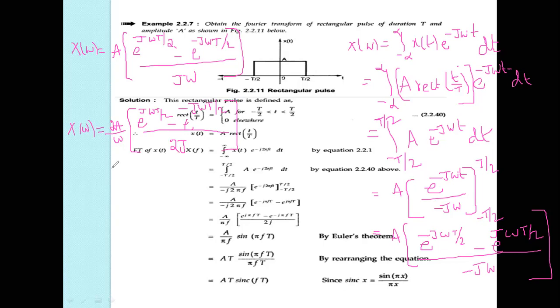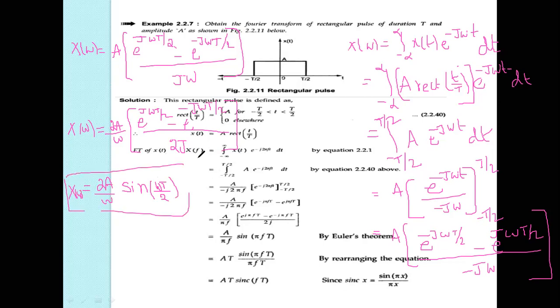That is the sin x value, according to Euler's rule. What is x here? Omega T by 2. So sin of omega T by 2, X of omega is equal to 2A by omega into sin omega T by 2.